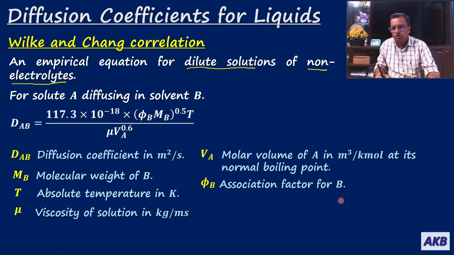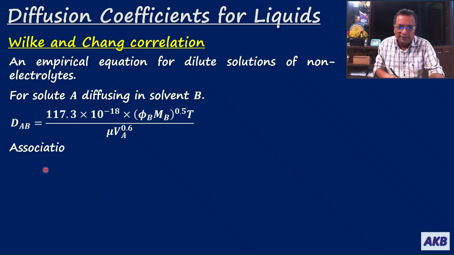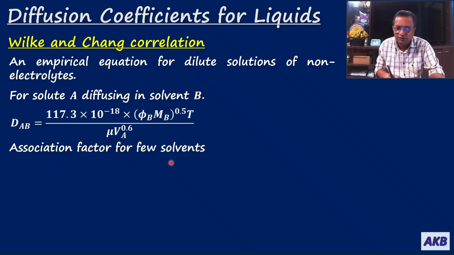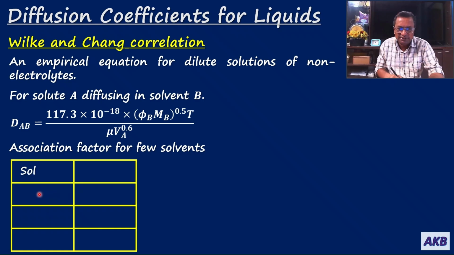Then phi B, this parameter, is called the association factor for B. Different solvents will have different association factors. We are going to know the values of this association factor for a few important solvents, and I have shown it in this table.